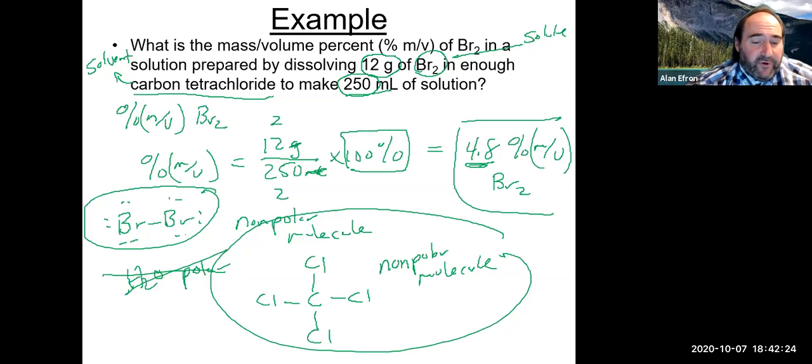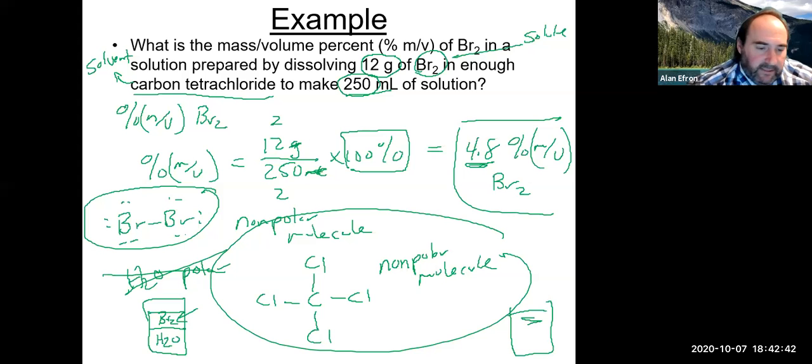Again, if you try to put this in with water, what you would end up with is water that wants to use hydrogen bonding on the bottom, bromine that wants to use dispersion forces up on top, and you would get different layers. But here, when you put both of these together, it will mix perfectly because they're both using dispersion forces. So again, water is a common solvent but not always the right one for all the proper situations here. Like we talked about, that's that idea of like dissolves like in that particular case.